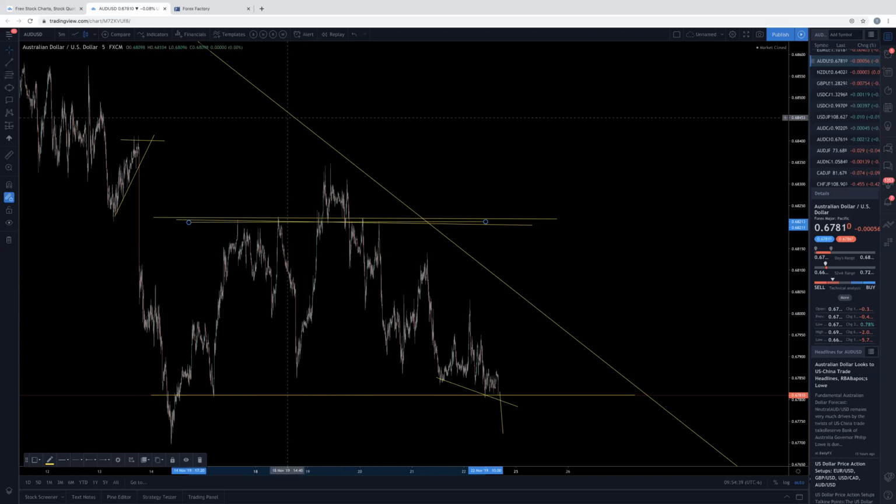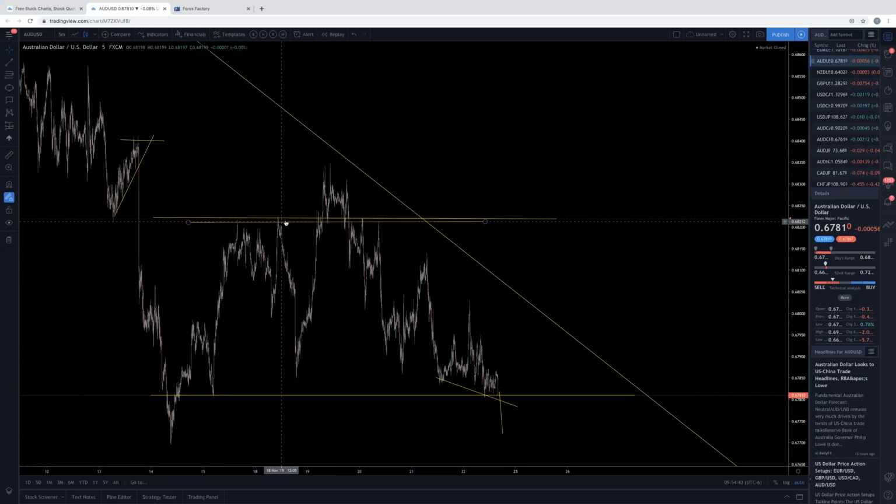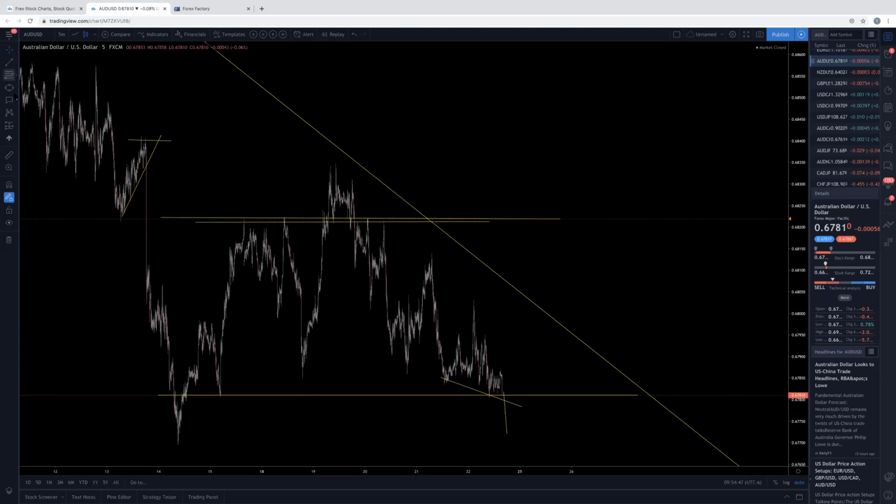Now, it's not going to happen all the time. So I tell people, don't get comfortable having 10 pip stop losses. That's not what's going to happen all the time. Sometimes you're going to enter here, one touch, two touch. This was a third touch, but guess what it did? It created a 13 pip new high. Don't always get caught up in having 12, 13 pip stop losses.